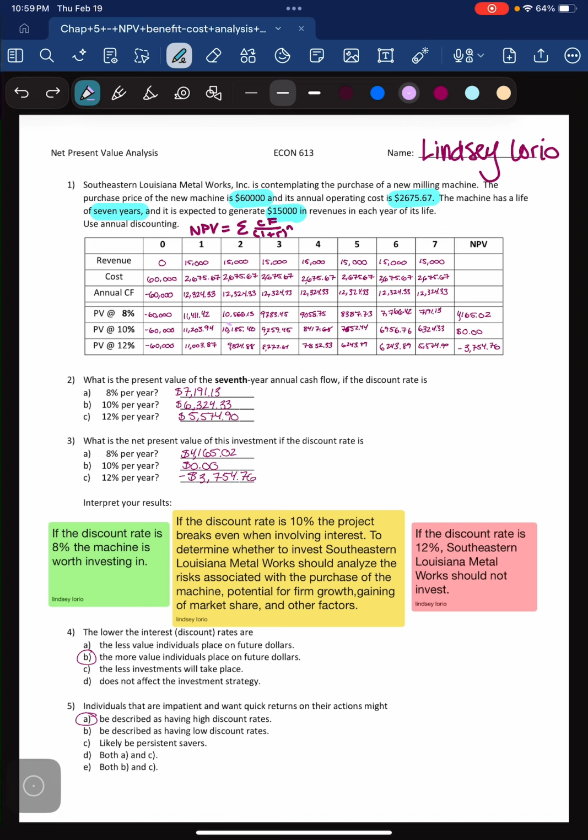Now, 10% is the one that requires deeper thought for the company. So they would break even given the interest.